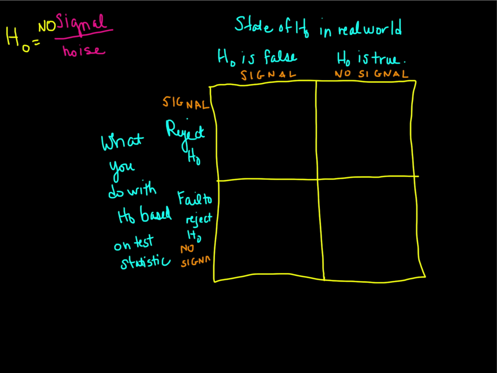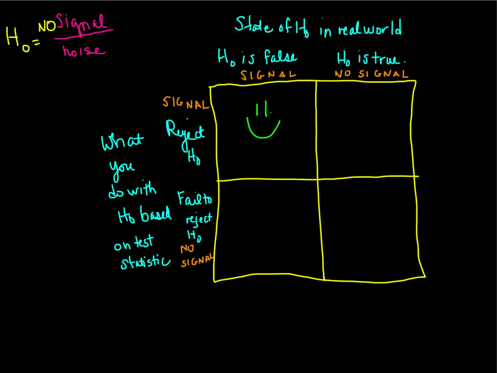We can't reject the idea that there is no signal, therefore there is no signal. Okay, so let's work through these decisions. So if we say that there's a signal based on our test statistic, and in reality there is a signal, great, we've made a correct decision. Nice.